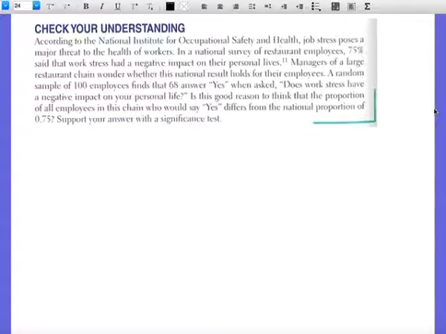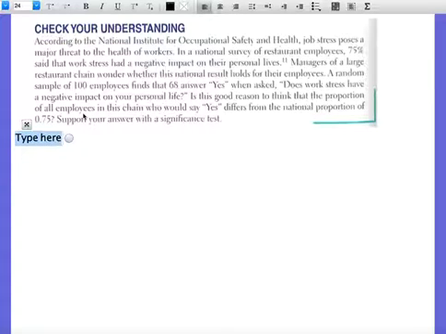A random sample of 100 employees finds that 68 answer yes when asked, does work stress have a negative impact on your personal life? Is this good reason to think that the proportion of all employees in this chain who would say yes differs from the national proportion of 0.75? Support your answer with a significance test.